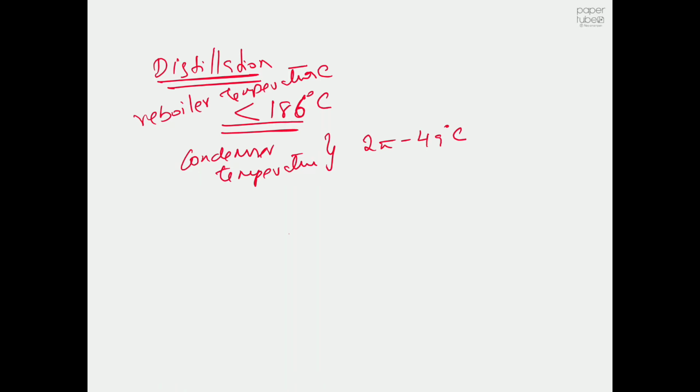So what do I mean by that? You have a distillation column, so you have the reboiler in the bottom, and then you have the condenser in the top.